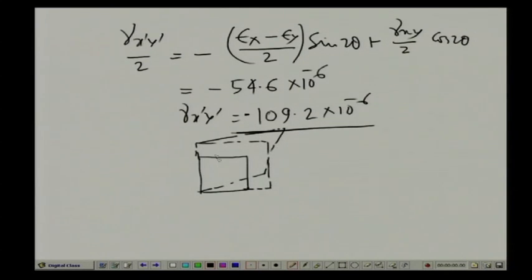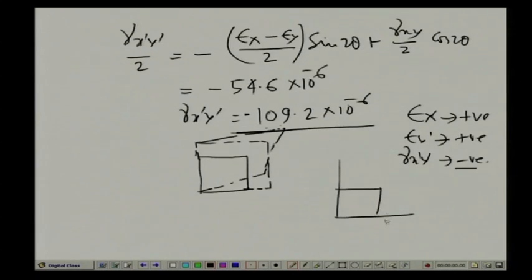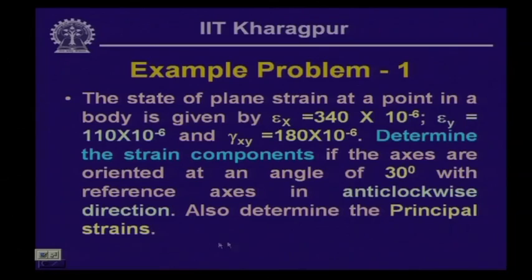So, this is the position of the element, and in this particular case when we are computing the strain at 30 degrees, we have epsilon x dash as positive, epsilon y dash as positive, and gamma x dash y dash as negative, and hence if we plot that, you can get the configuration corresponding to that particular element. Well, we will deal with this in the next class.